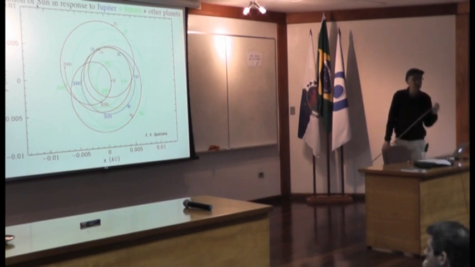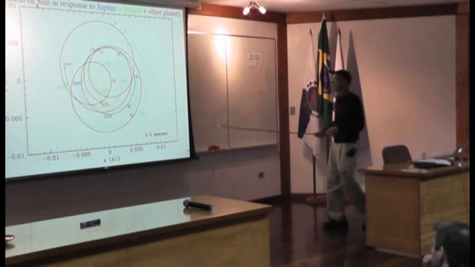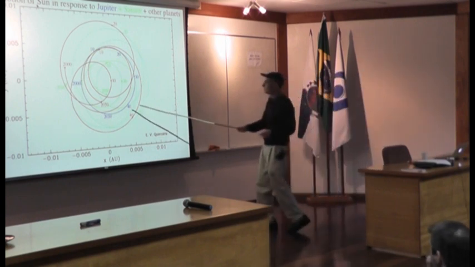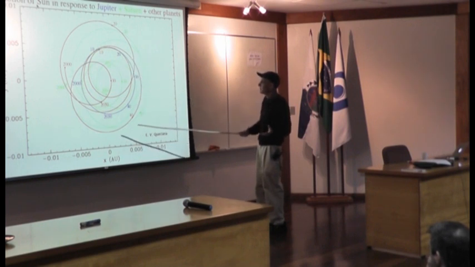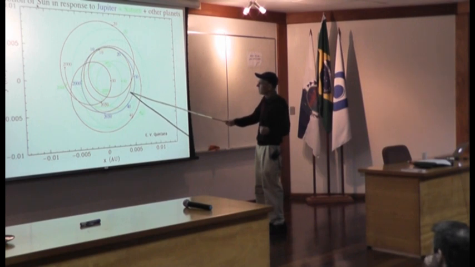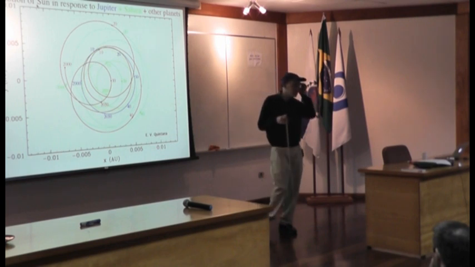This is theoretical curves for our solar system. Again, the blue is just Jupiter, nearly circular. The yellow is the size of the solar disk.